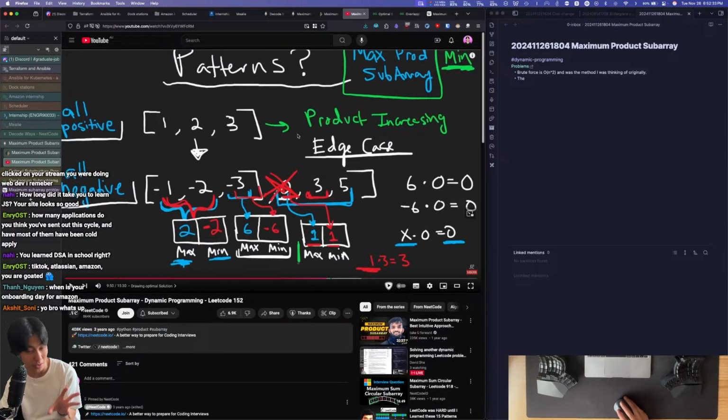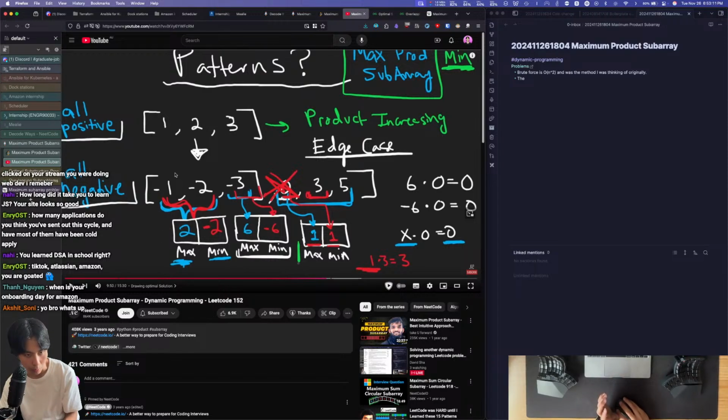Think about the subproblems. You can start from 1, and then 1 itself being the smallest subproblem. Say that's the 0th position.